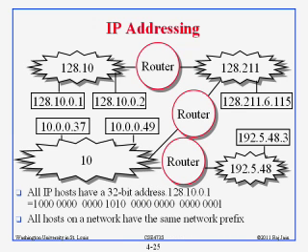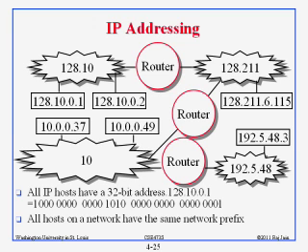Okay, so let's revisit the addressing. Each network has a prefix. This network has a prefix 128.10, and assume that this is 16-bit. It could be less than 16-bit, but let's say it is 16-bit. Then all addresses that have the first 16 bits like this belong to this network.